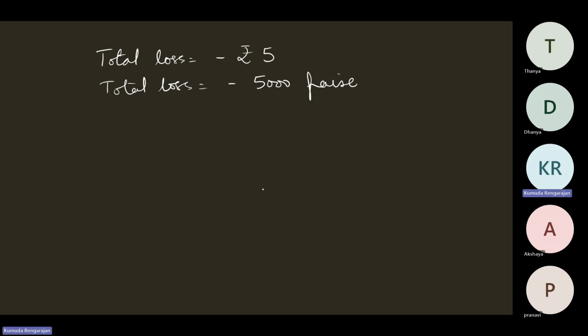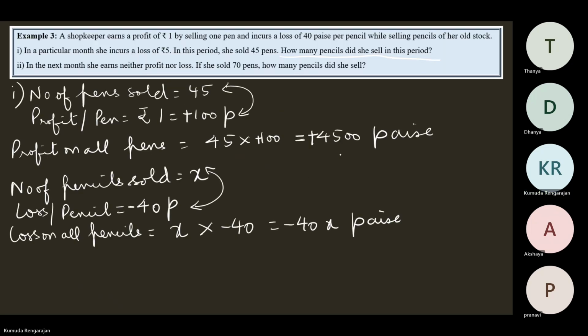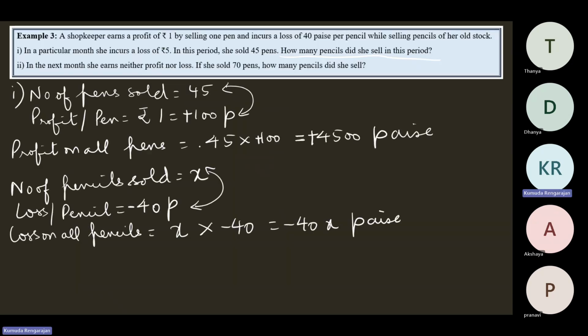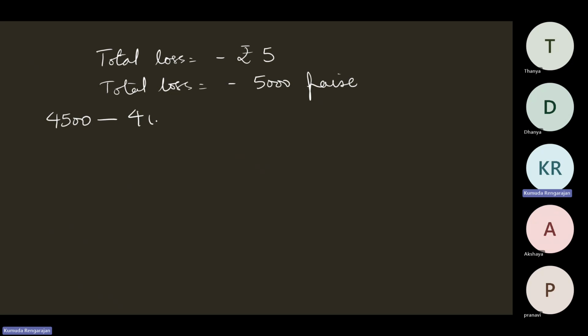Now, how do you write the total loss? Like total marks is the marks got for correct answers and incorrect answers together. In the same way here, the profit on selling the pens is plus 4500, and the loss on selling the pencils is this one. Put them together like this. These two together is minus 5,000. That is the equation.